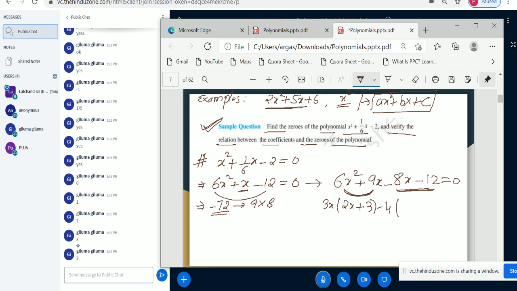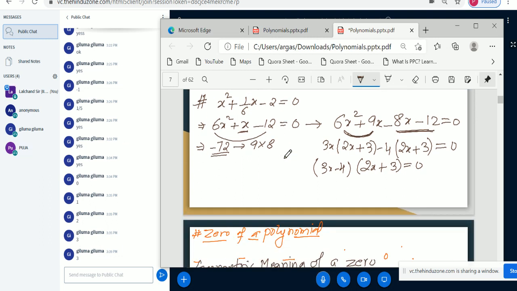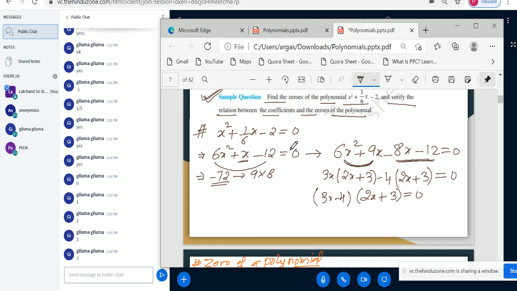If I take minus 4 as common, then 2x plus 3. So simply 3x minus 4 is a factor, and the second factor is 2x plus 3. If I equate each factor equal to 0, then for the first factor, the value of x is equal to 4 by 3. For the second factor, the value of x is equal to minus 3 by 2.